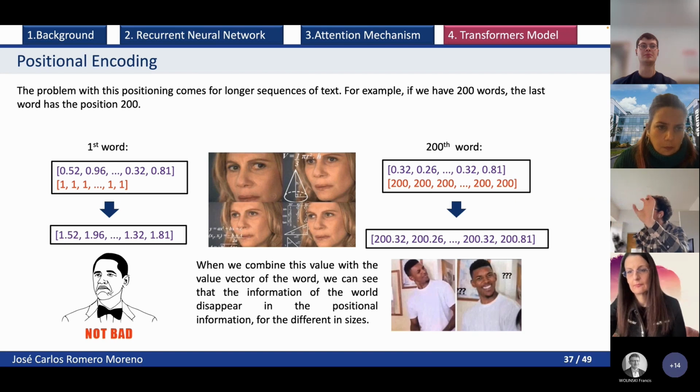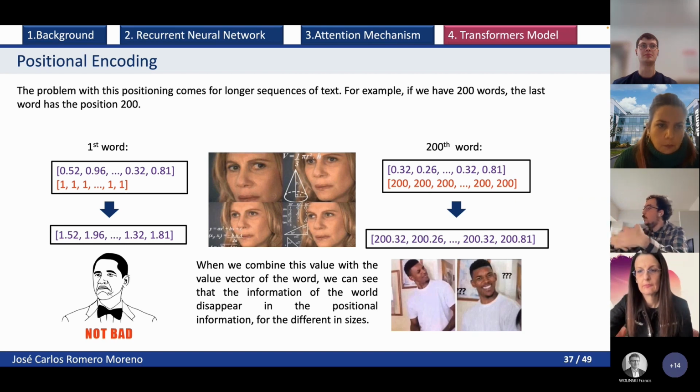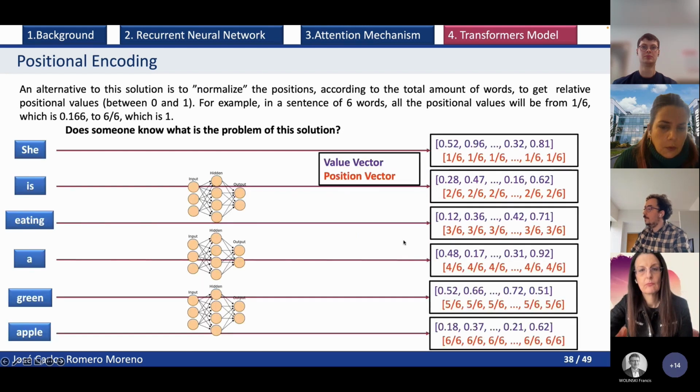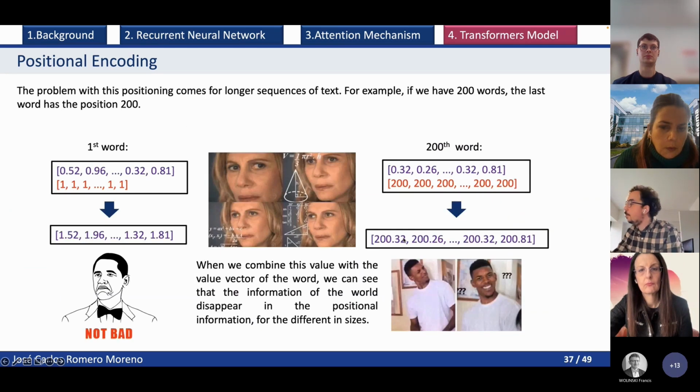So maybe this is not 100% accurate, just because I don't want to enter into so many technical details. But okay, imagine that you want to combine these two vectors. If you see this number, you are still getting the information of the meaning of the word, because I have 1.52, but for example, I want to process the word 200. Now here, most of the value of the number is for the position, not for the meaning of the word. And for me, the most important part is not the position, it's the meaning of the word. So this absolute positioning is not the best option.